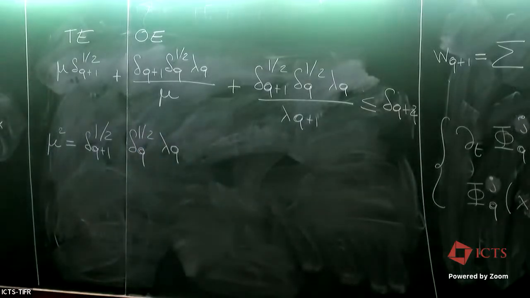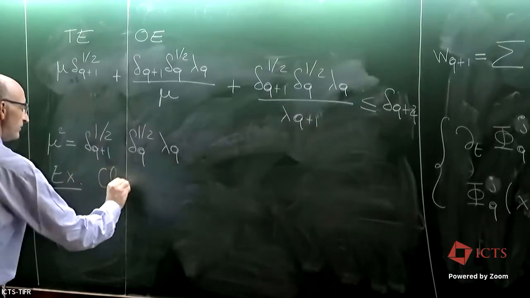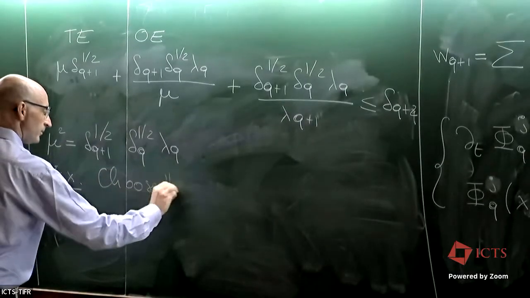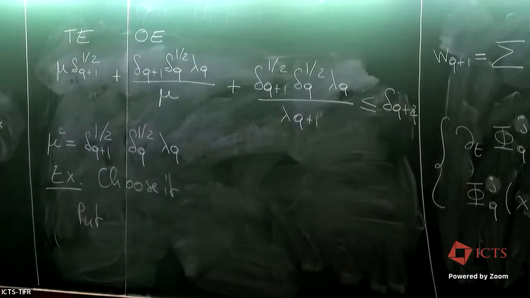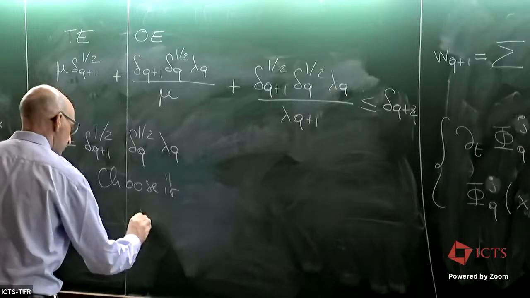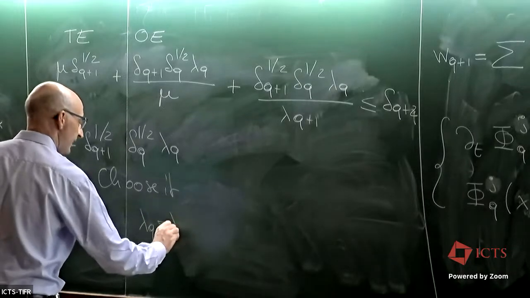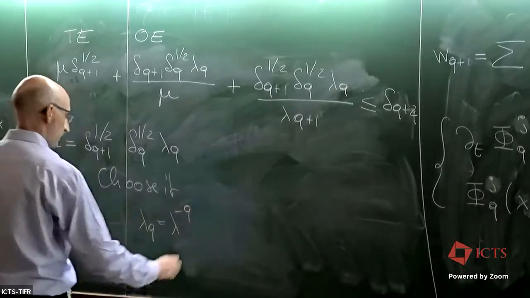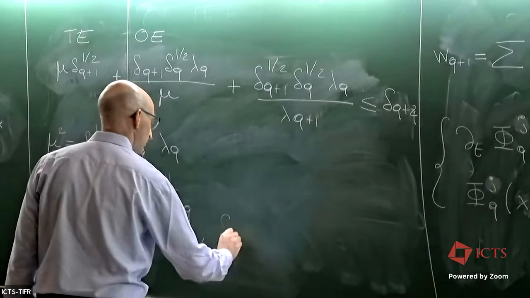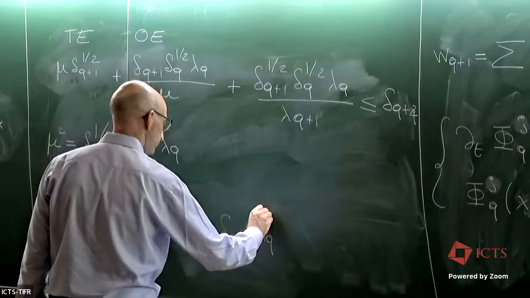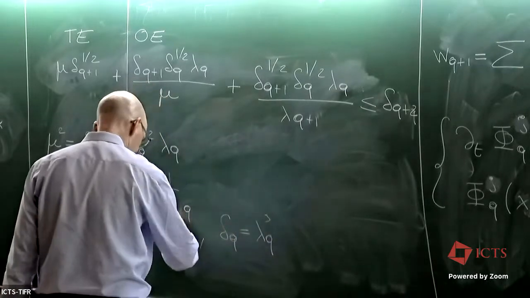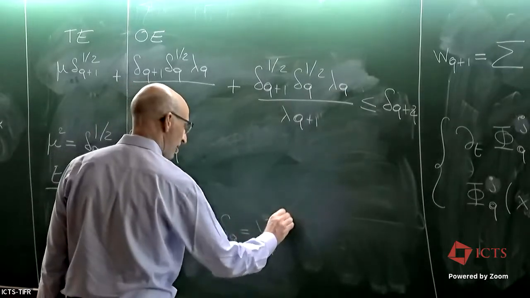Okay, so now, exercise. So choose it, put the usual ansatz, so lambda q equal lambda to the minus q, and delta q equal to lambda to the q, and this one is lambda to the minus 2 alpha.